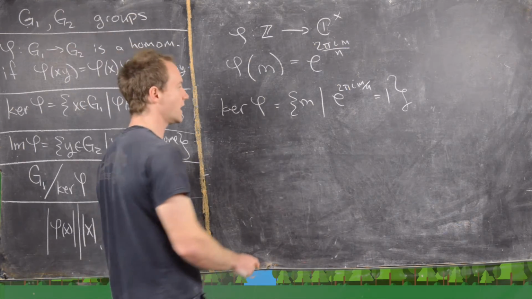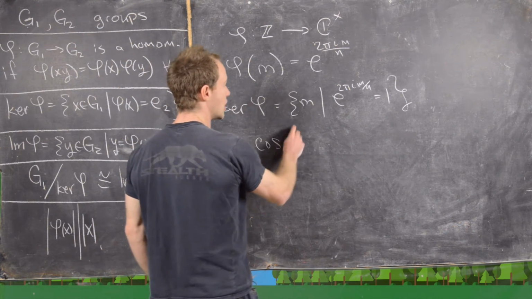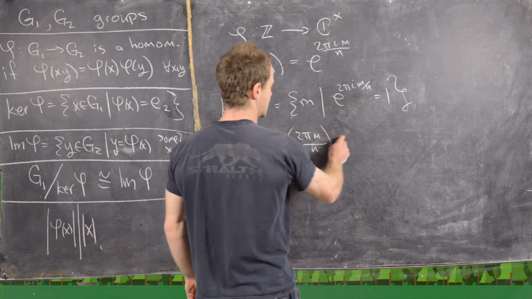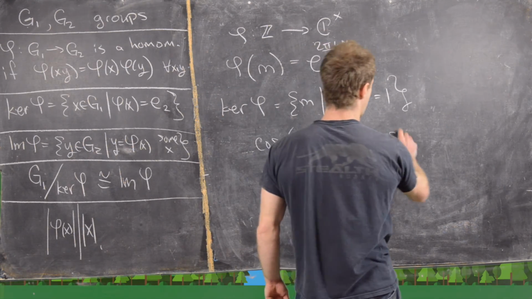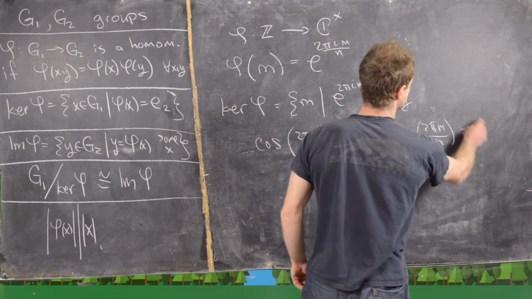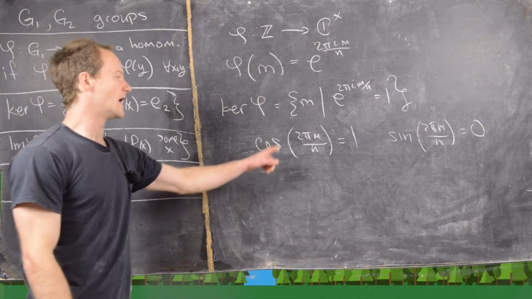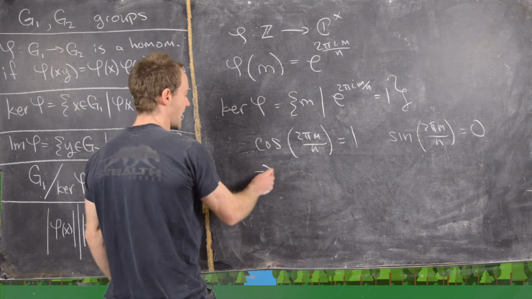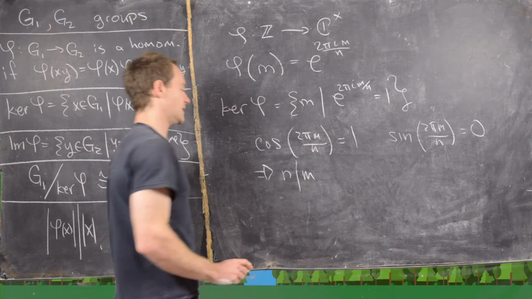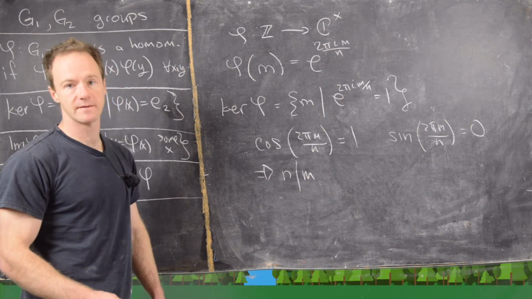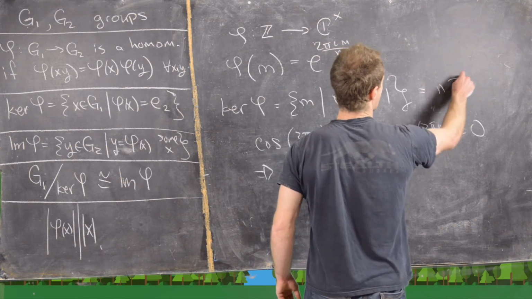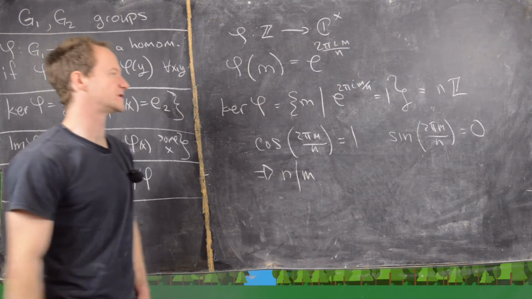But now using Euler's formula, that means that cosine of 2 pi m over n needs to be equal to 1, and sine of 2 pi m over n needs to be equal to 0. It follows that n must divide m. Okay, great. But what that tells us is that this kernel is exactly equal to all multiples of n.